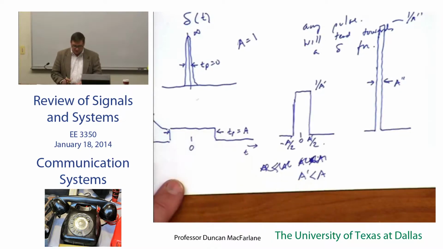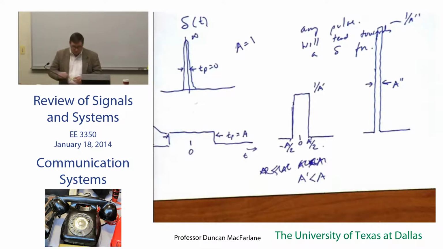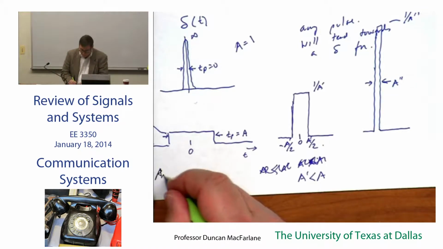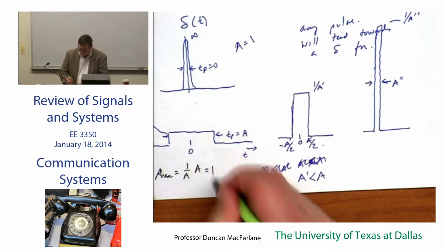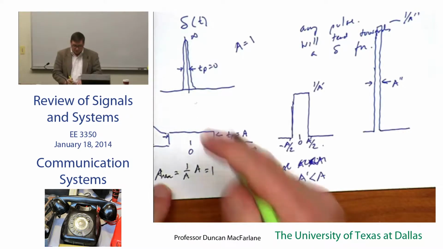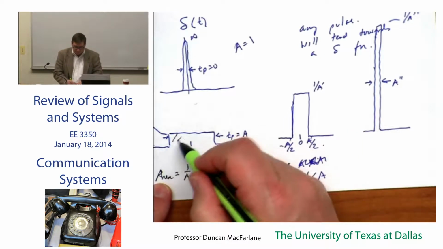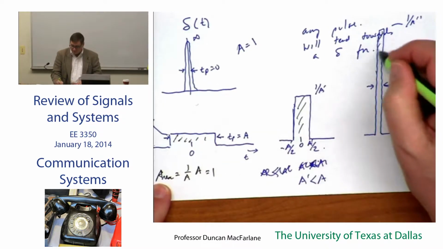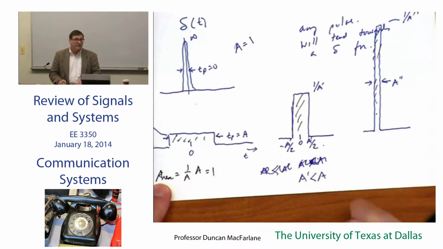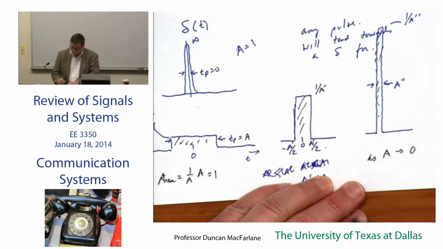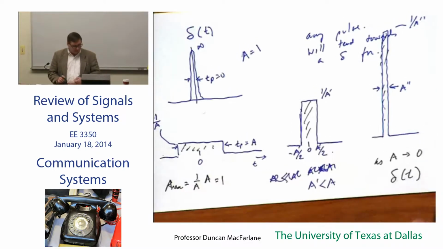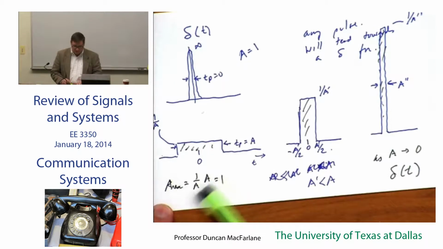I construct a pulse so that the area is equal to 1 over A, that's the height, times the width, which is equal to 1. So this area under the curve is the same as this area under the curve, is the same as this area under the curve. And if I keep going, I get a delta function. And that's nice because this product here, this area, is independent of A.